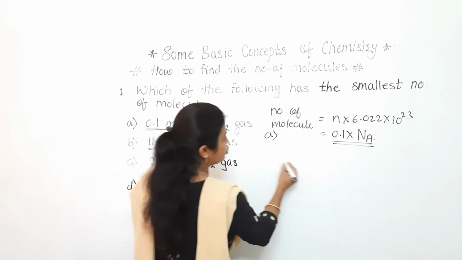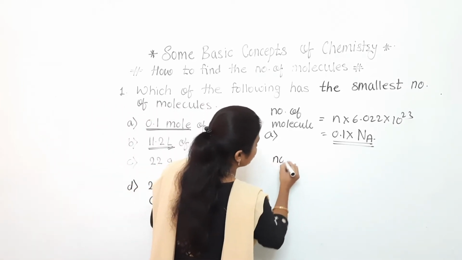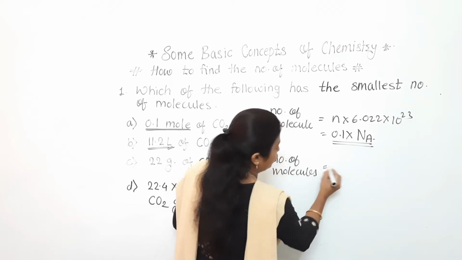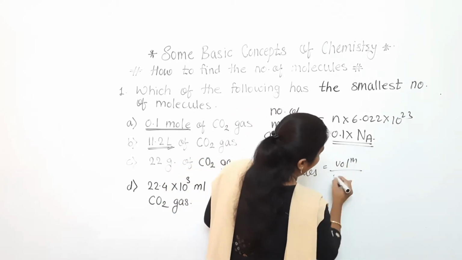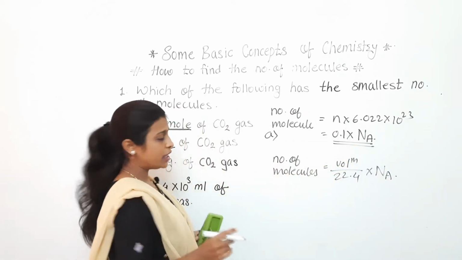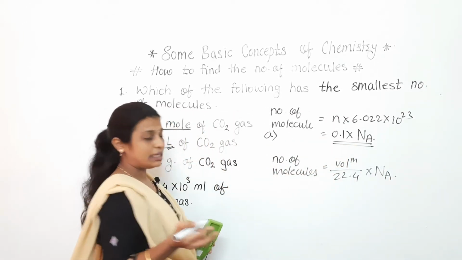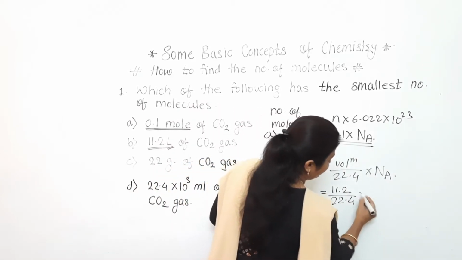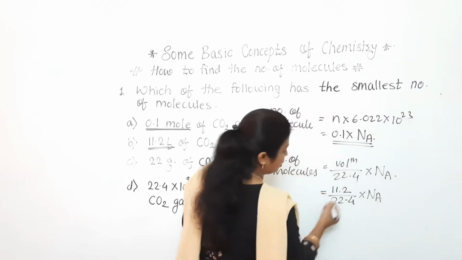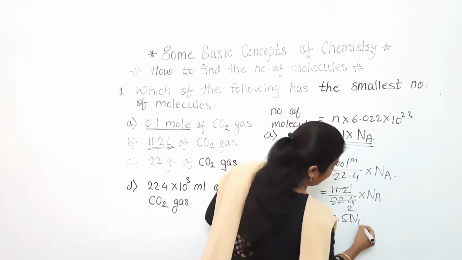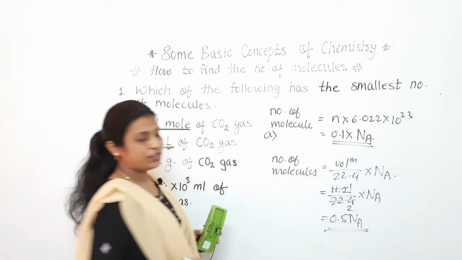We should use the formula number of molecules is equal to volume divided by 22.4 into Avogadro's number. So 11.2 divided by 22.4 into Na. In this way 1 by 2, nothing but 0.5 Na, is the answer of the second option.